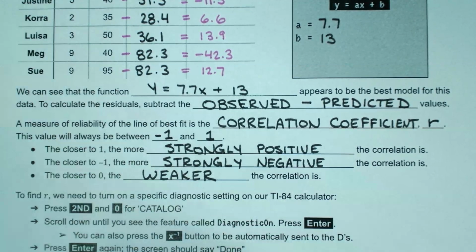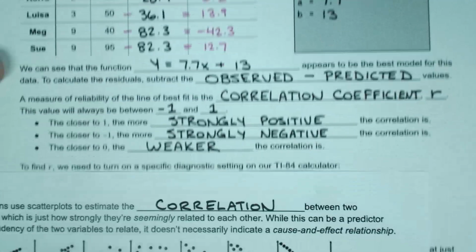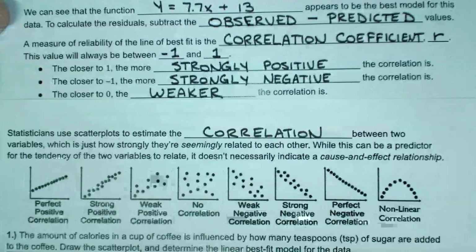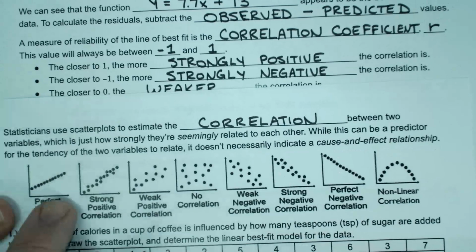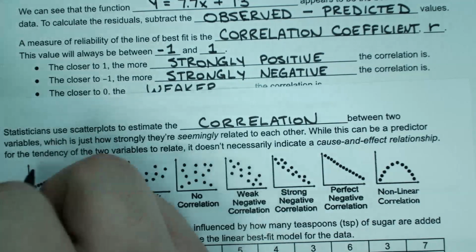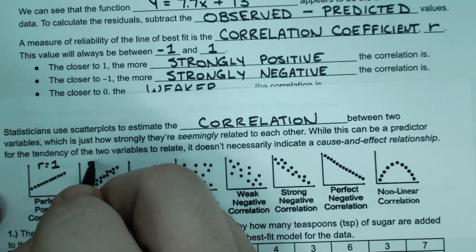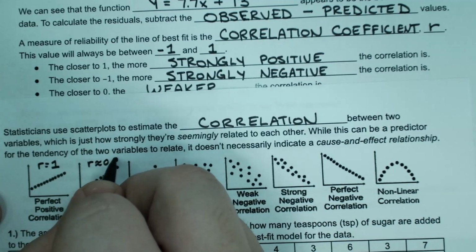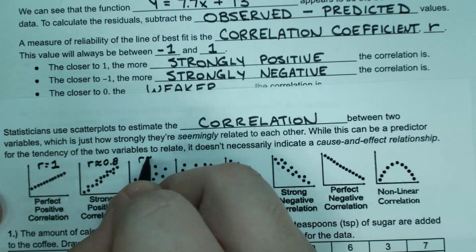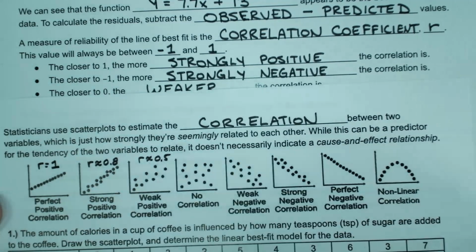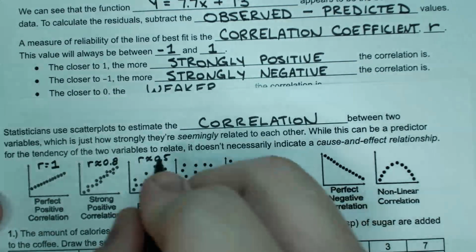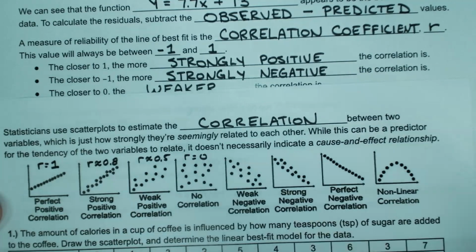I want to reference back to a picture I showed you in your notes yesterday. These different types of correlation: this perfect positive correlation would have an R value of 1. Then this would be like 0.8, and this would be like 0.5. The no correlation would be 0.